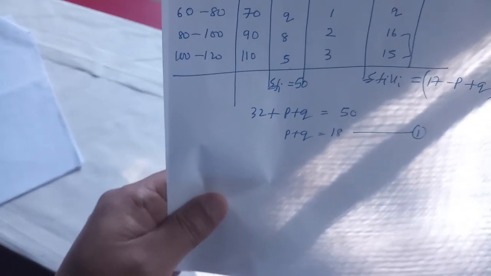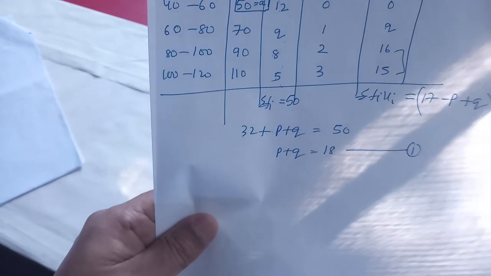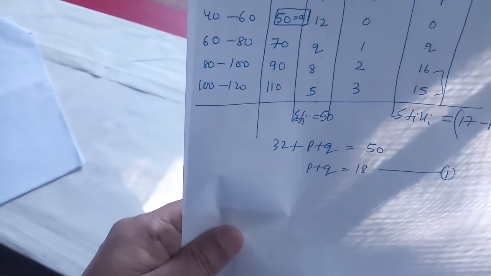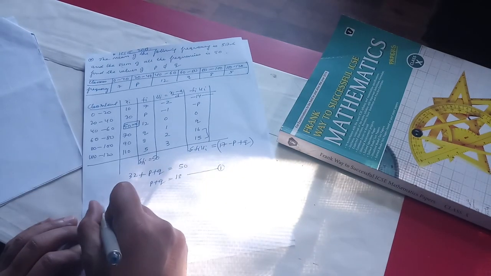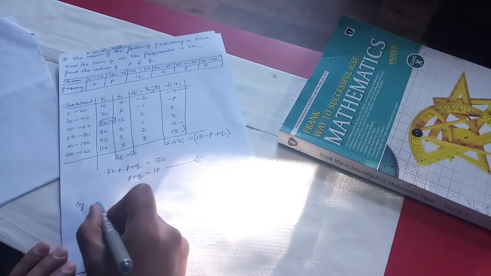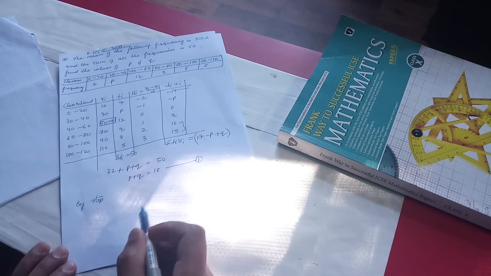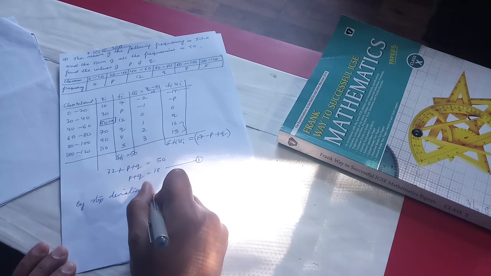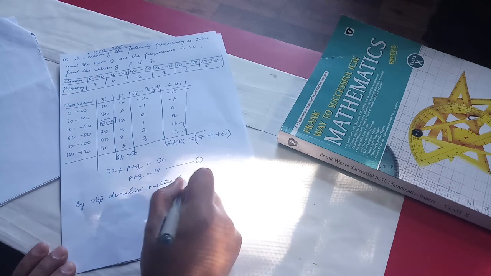Now we need to make the equation number 2 because there are two unknowns. Now that equation number 2 can be obtained from the formula of the mean. So we know by step deviation method, let me write down the formula quickly.